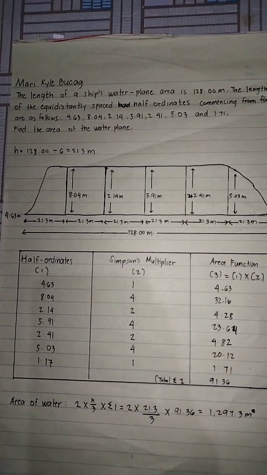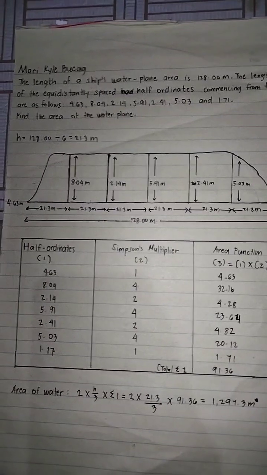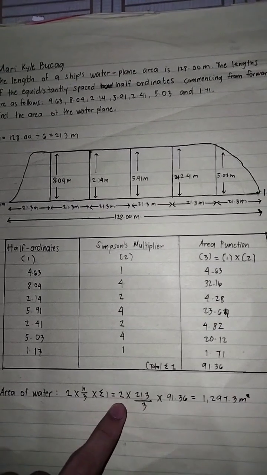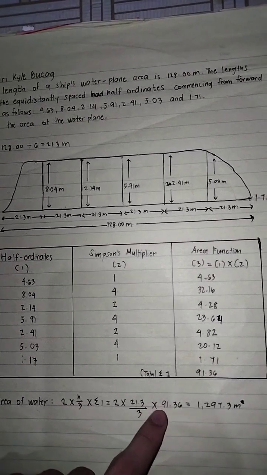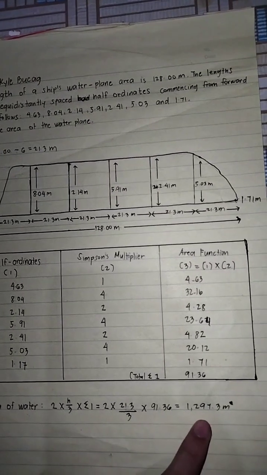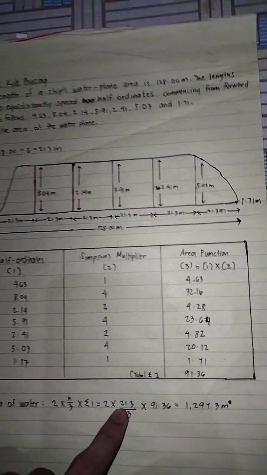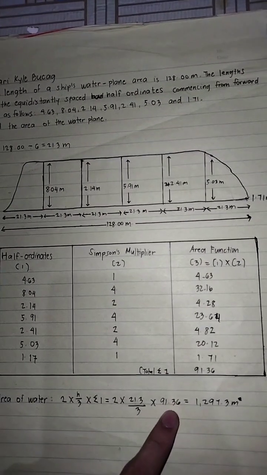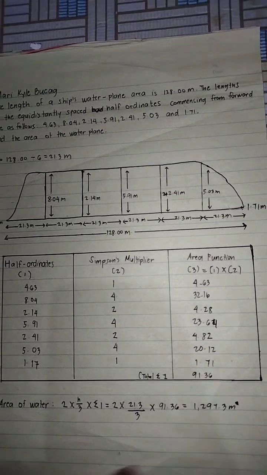Let's go to the area of the water plane. This is the formula that we use: 2 times 21.3 divided by 3 times 91.36 is equal to 1297.3. The 21.3 we get from the interval, while the 91.36 we get from the total area function.